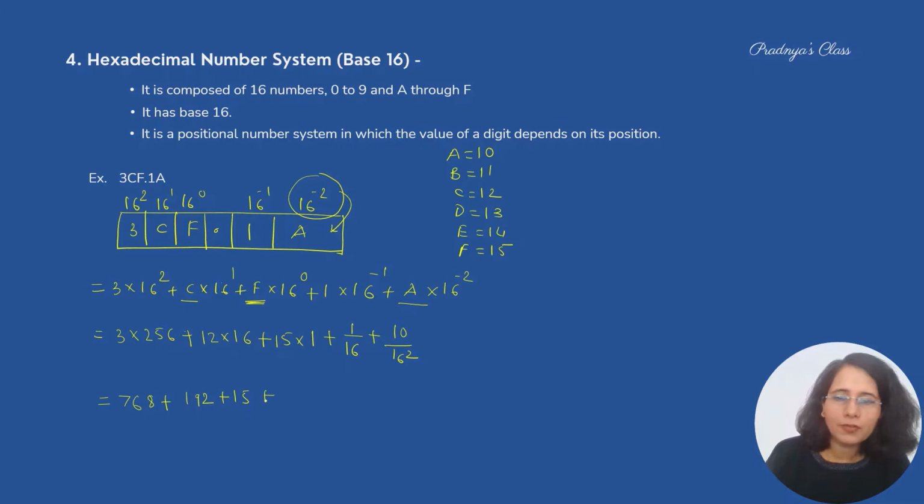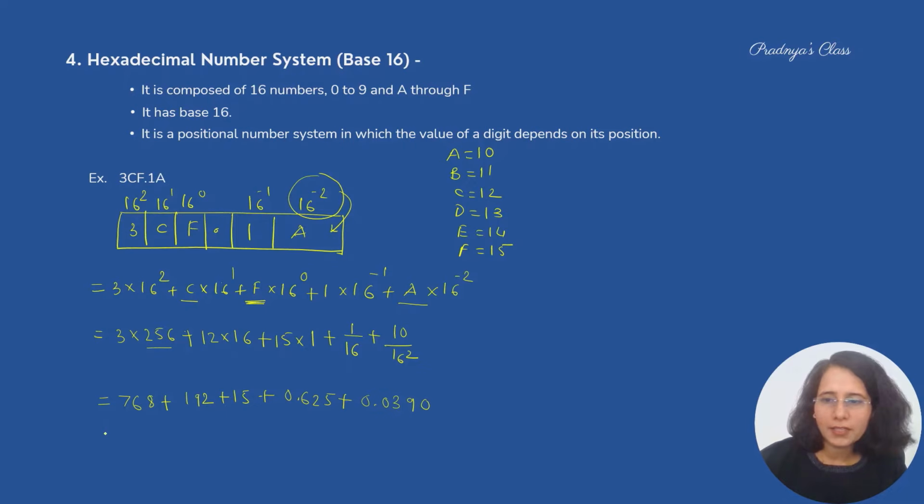Now let's solve for this division. 1 divided by 16 will be 0.625 plus 1 divided by 16 square. 16 square is 256. So 1 divided by 256 will be 0.0390.